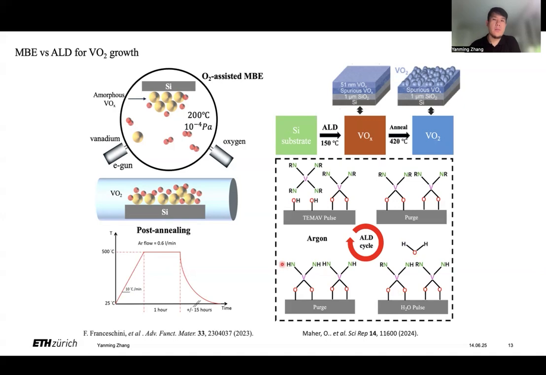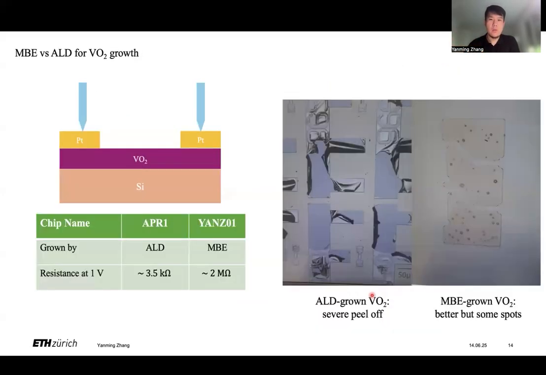Materials-wise, we got the vanadium dioxide samples from two different sources. Our collaborators from KU Leuven grew the VO2 by oxygen-assisted molecular beam epitaxy, which is a dry technique. And our partners from IBM Zurich focus on atomic layer deposition, ALD, which is a more chemical approach and a wet technique. Next, to compare the two sets of samples, we did some electrical measurements.